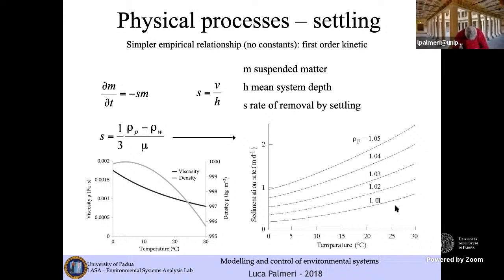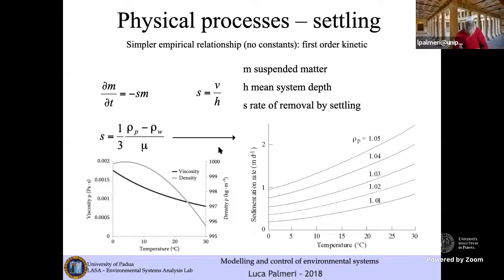What we may deduce quickly from these graphs is that for all densities of the particles, when the temperature increases, the sedimentation rate increases as well.